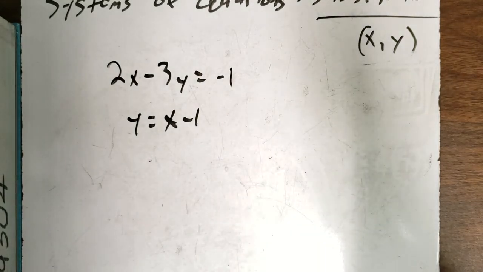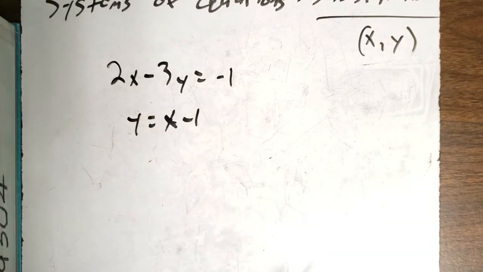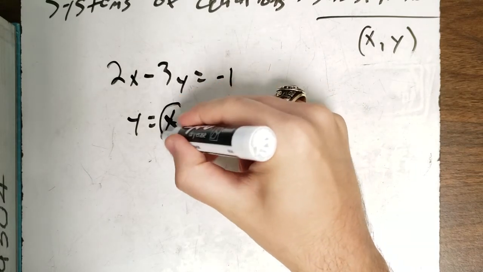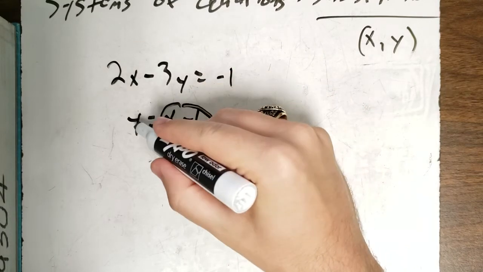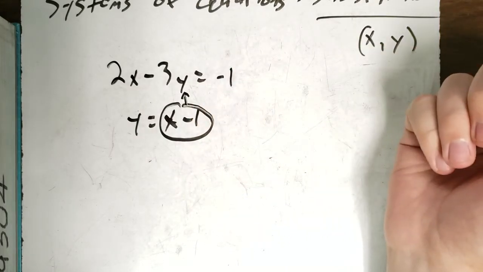We can still plug this into our original equation. So y equals x minus 1. So this whole x minus 1, because it equals y, we can plug it in to the y in the problem above it.